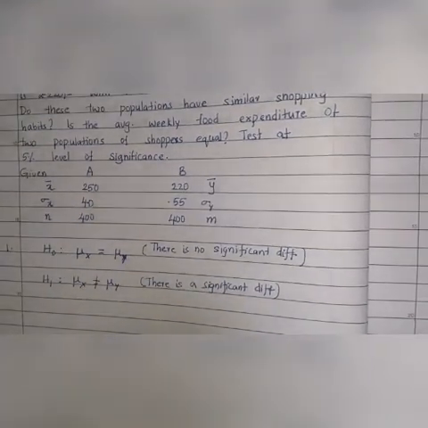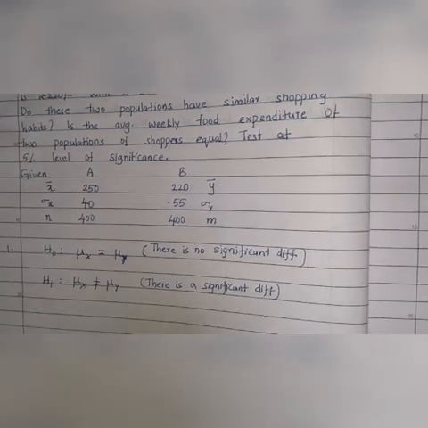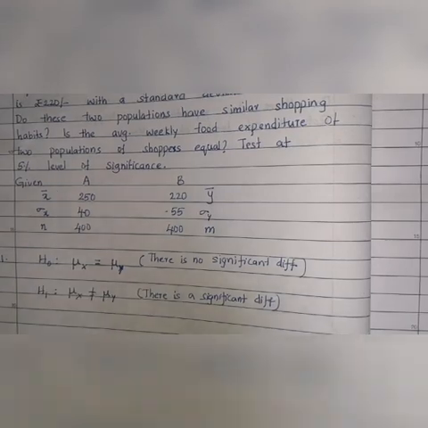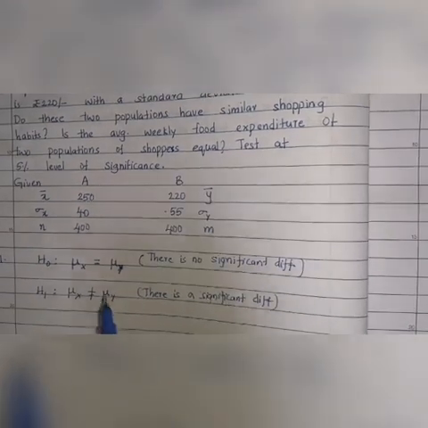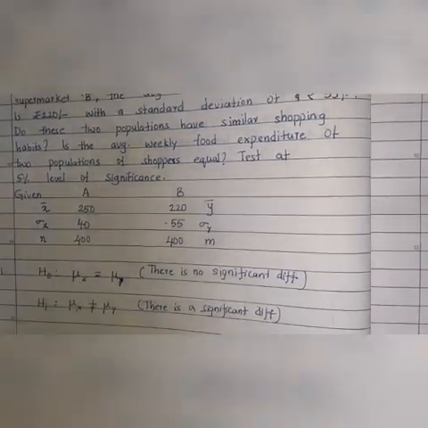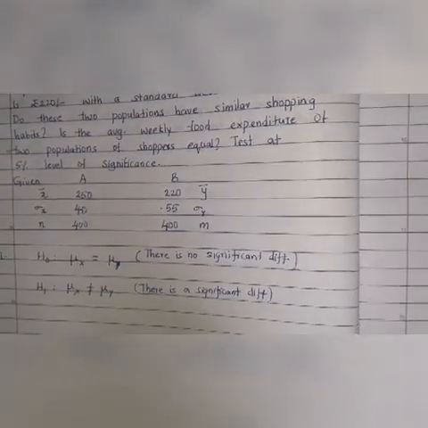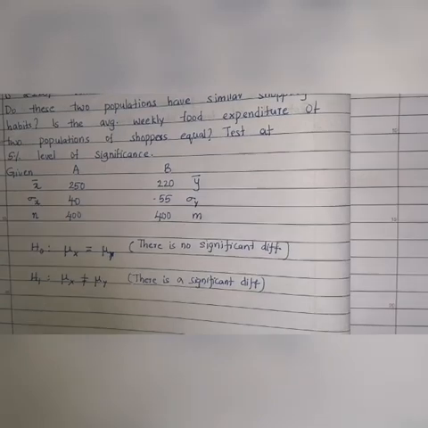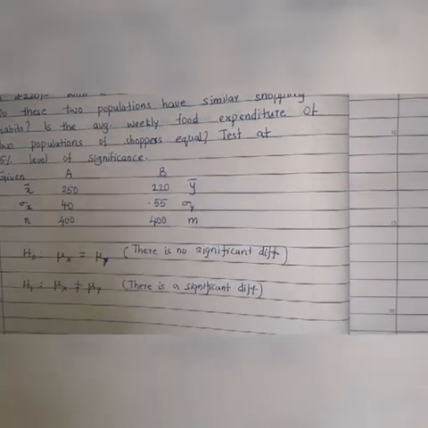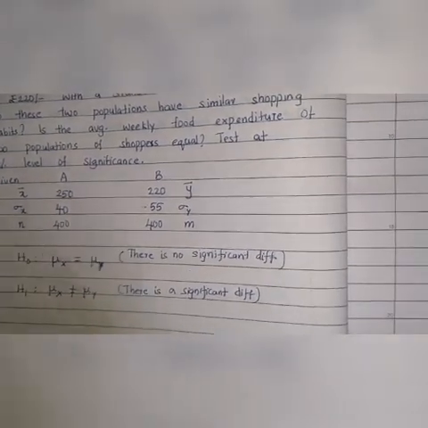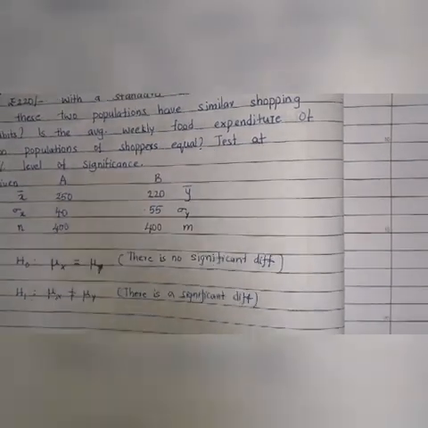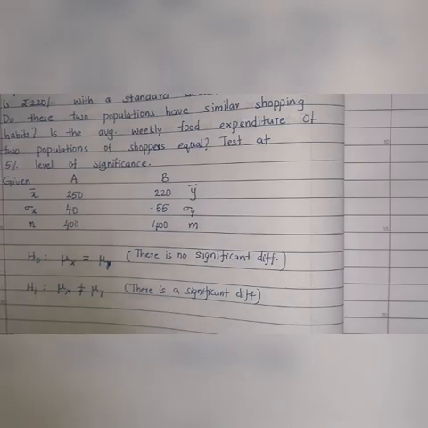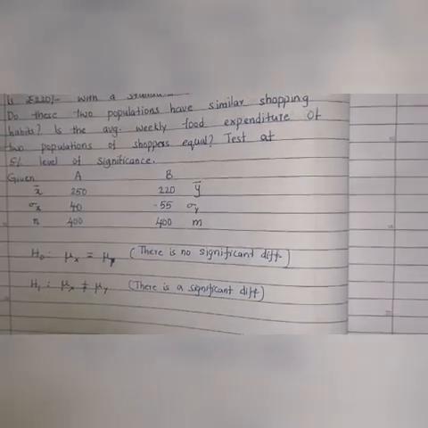There is no hard and fast rule to write the null hypothesis and the alternative hypothesis in a particular way, but you have to solve the question that has been asked. However you frame it, the only thing is you have to either accept or reject the null hypothesis. That is the main aim when we are testing the hypothesis.